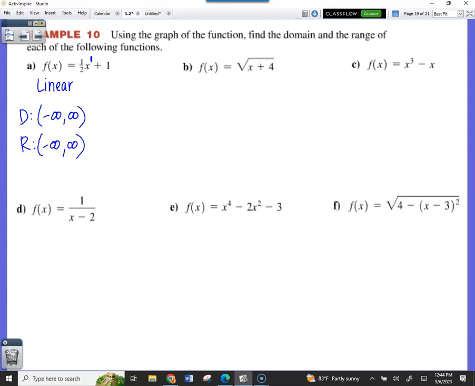B, what did we say yesterday? Can't be negative. We said take the radicand and set it greater than or equal to 0 and solve. So we got x plus 4 has to stay greater than or equal to 0. Now that's just your domain. To get your range, you need to graph it and look at it on the calculator.